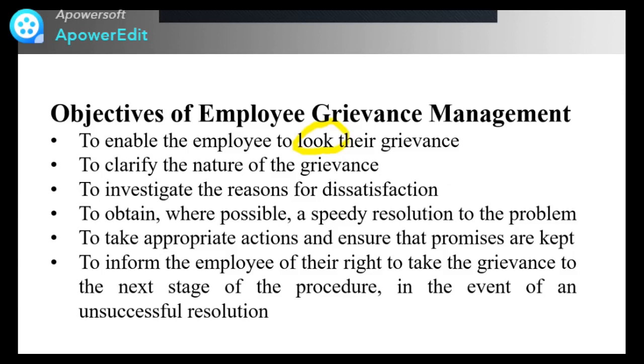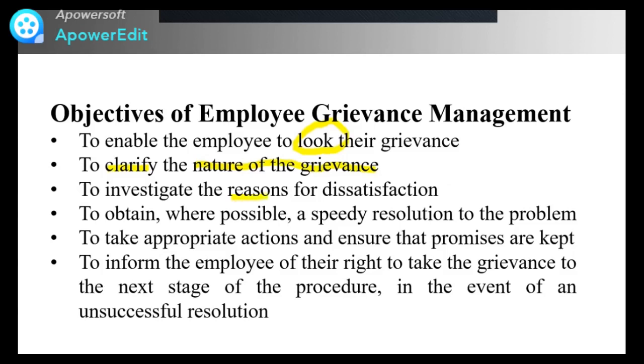Second, it clarifies the nature of the grievance. What type of grievance is it? Private related grievance, organizational related grievance, peer related grievance, likewise the nature of the grievance. The third one, to investigate the reasons for dissatisfaction.